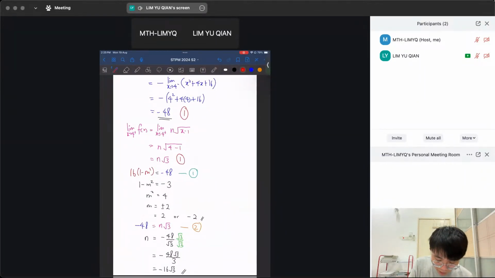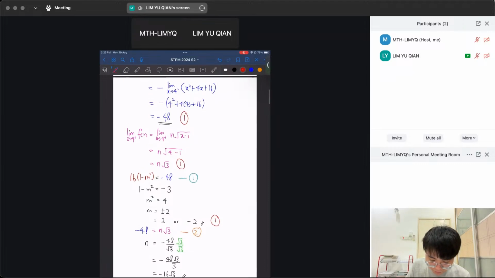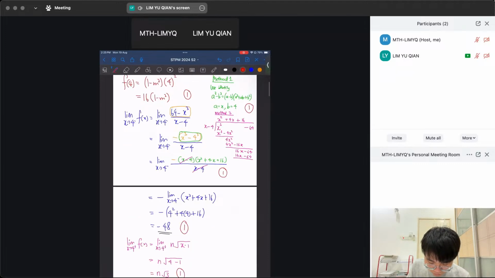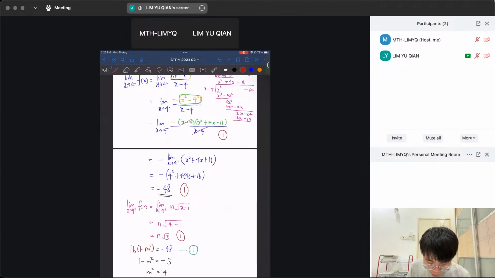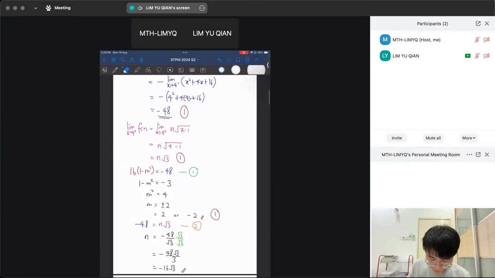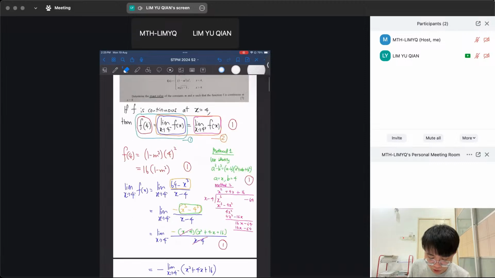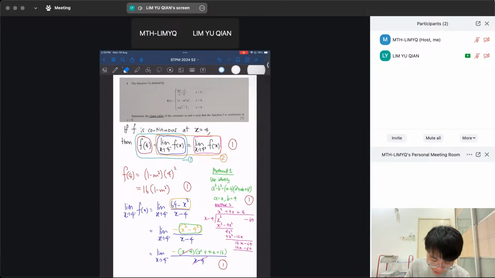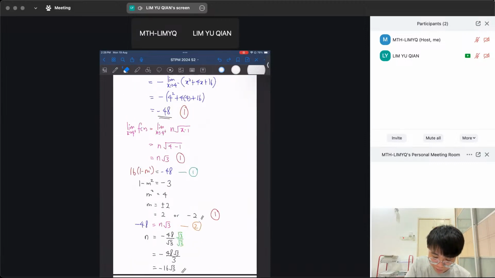Because making the equation also has a mark, right? And then solving for the value, I don't think it's very difficult. I think here should be 1 mark. Or maybe 2 direct substitutions, just consider as 1 mark only, because it's not very difficult. Okay, solving the quadratic equation is not really bad.